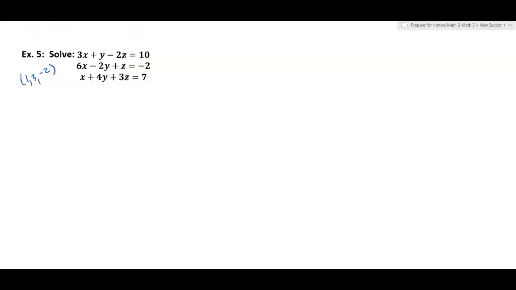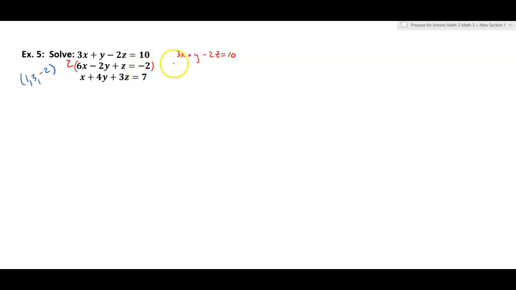So what I'm going to do is I'm going to use this top equation. This top equation is going to stay the same: 3x plus y minus 2z equals 10. The middle equation, I'm going to multiply by 2.